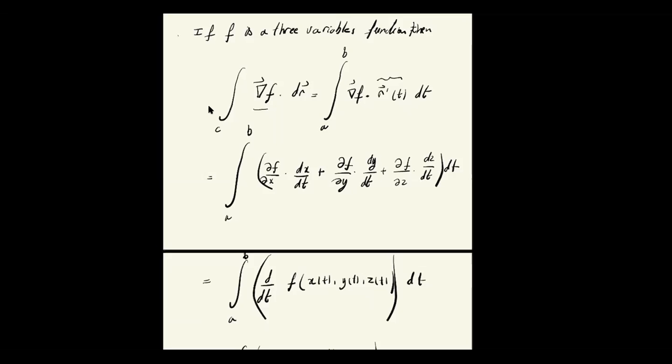If a vector field comes from the gradient of a function, then it doesn't depend on the curve, right?